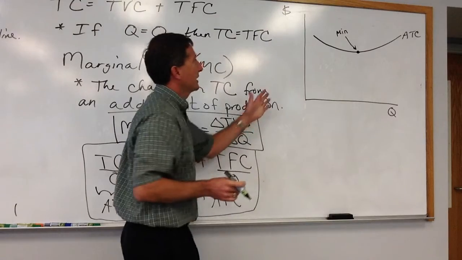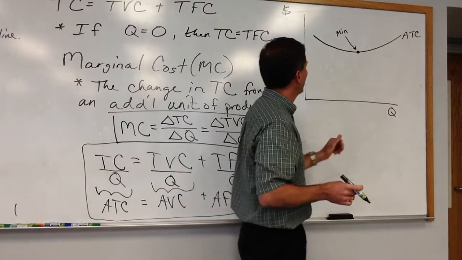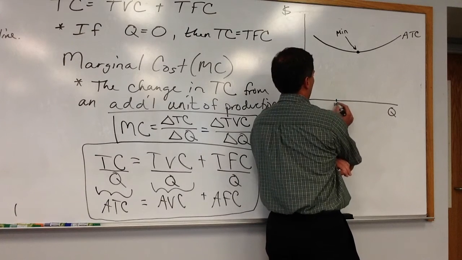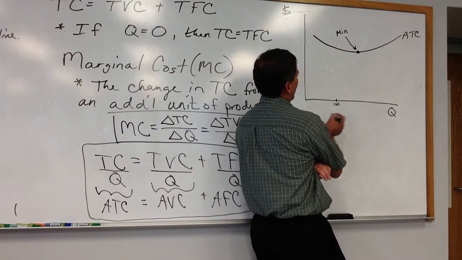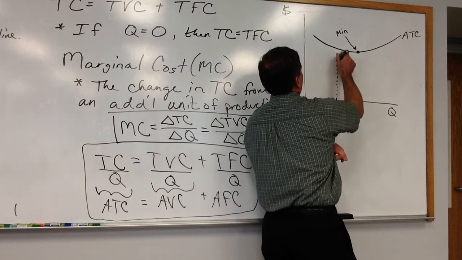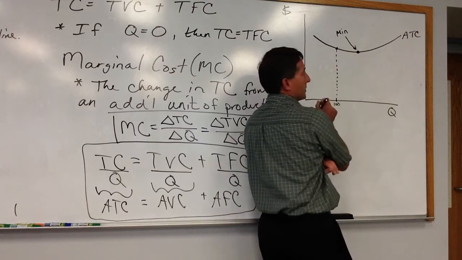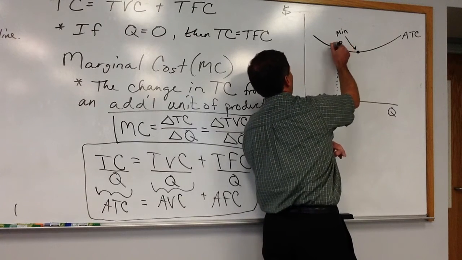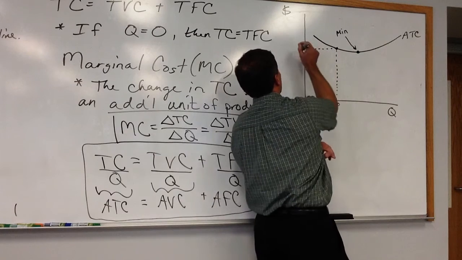What do we know about the average variable and average fixed? If I was to pick a point here at 100 units, not at the minimum, I could learn what the average total cost of producing 100 units is by going up to the average total cost curve, hang a left, and read off that number.